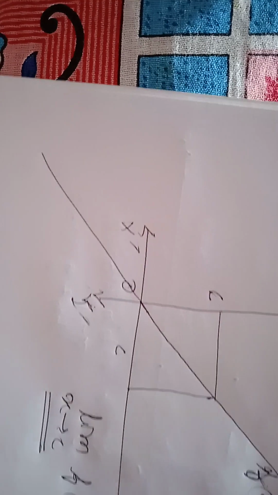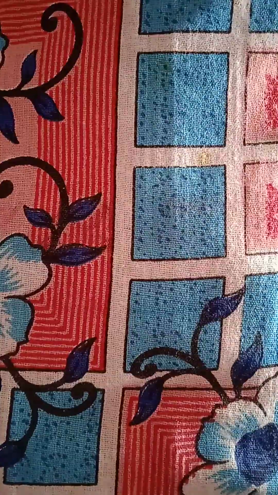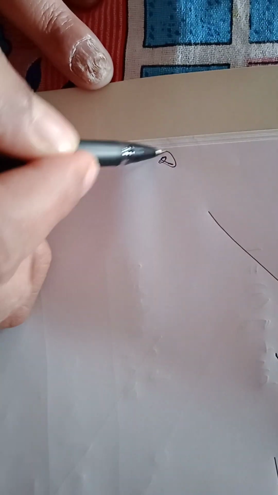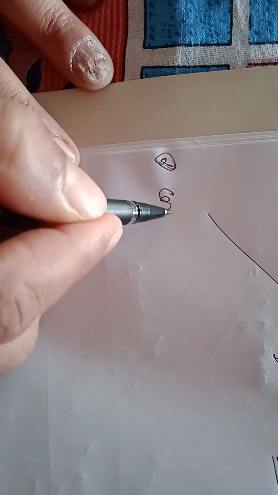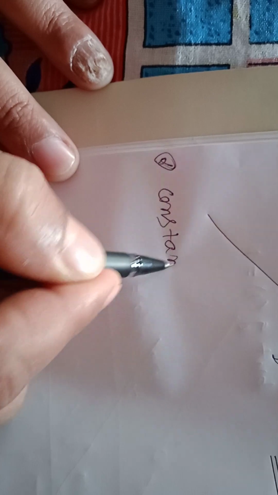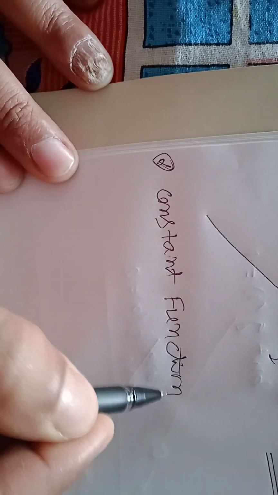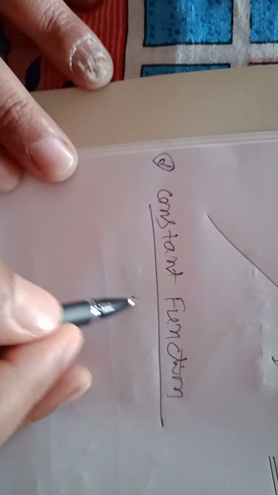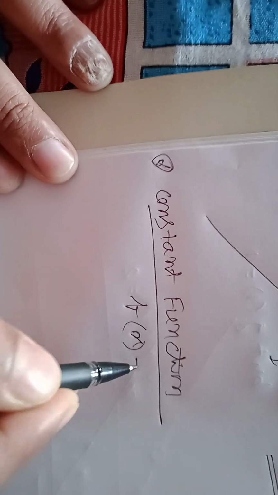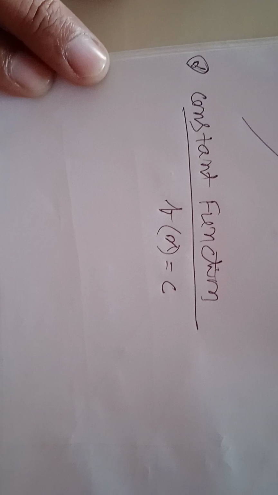Next is the constant function. As we know, the constant function is f(x) equals c, where c is any real number.